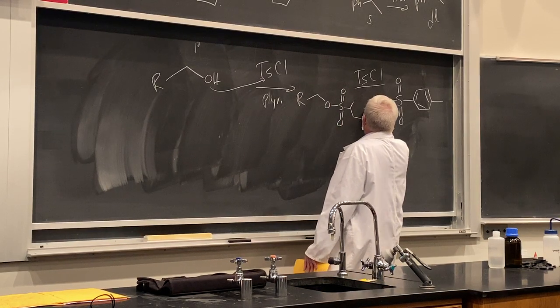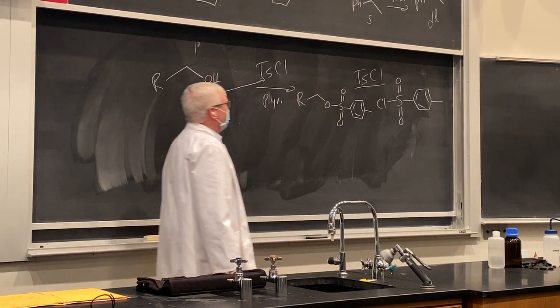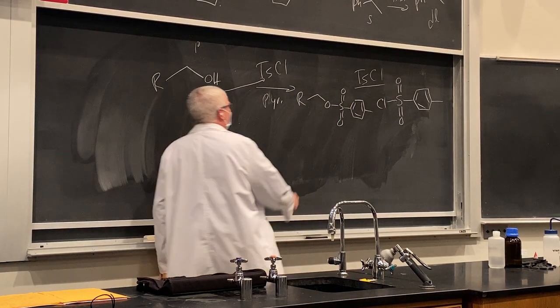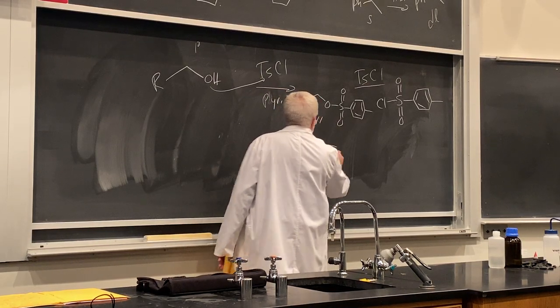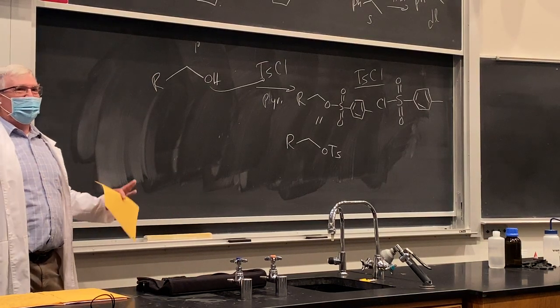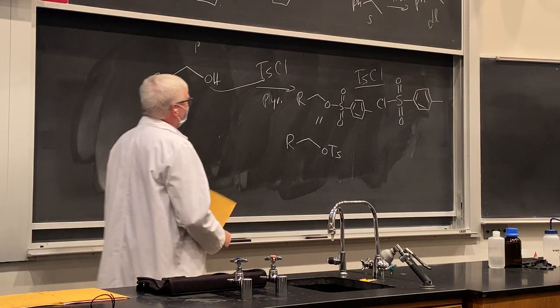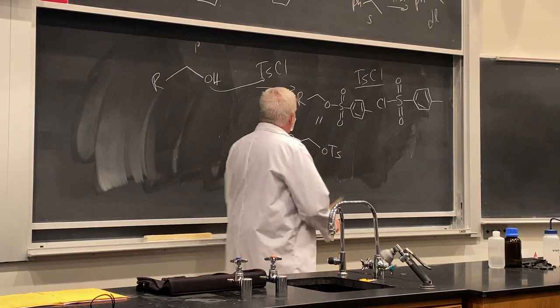And we get tired of drawing out the toluene group and the sulfonate. So what this equals is what? This equals OTs. And don't look in the periodic table, there's no Ts element. It's an abbreviation for this large group here, the para-toluenesulfonate. And why is this important?